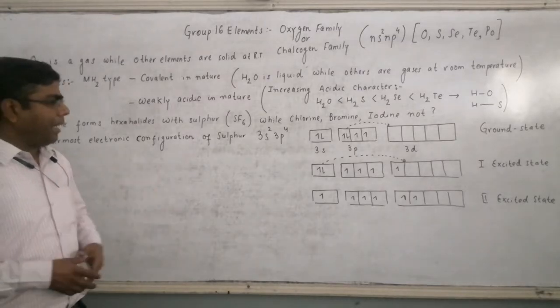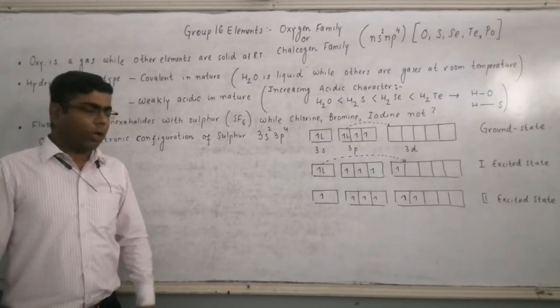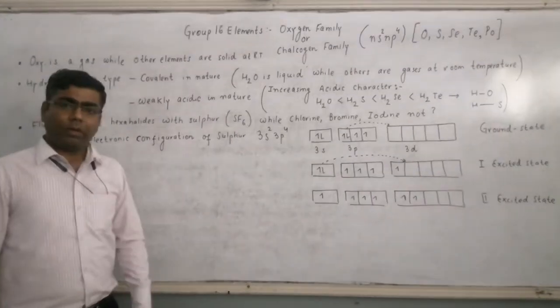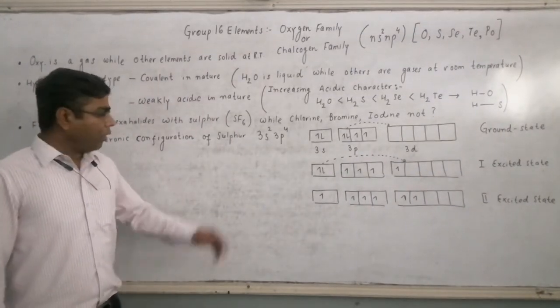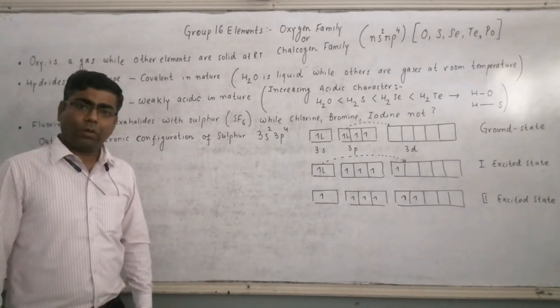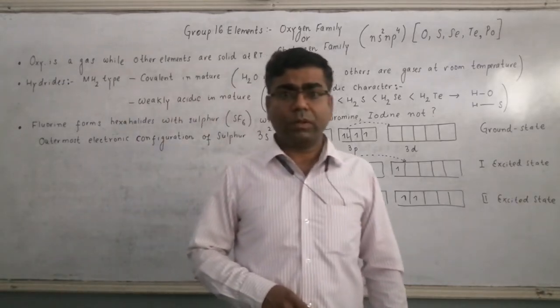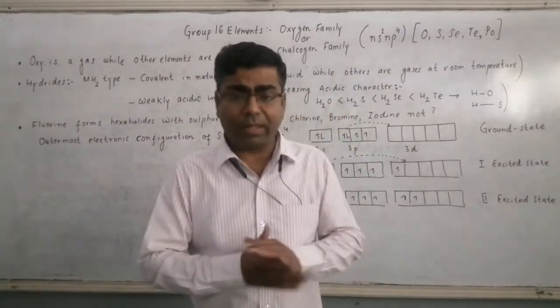It is not possible that here we can have 6 Cl. It's not possible that here we can have 6 Br. Here it is not possible that we can have 6 iodine. So only fluorine can form hexahalide with sulfur.